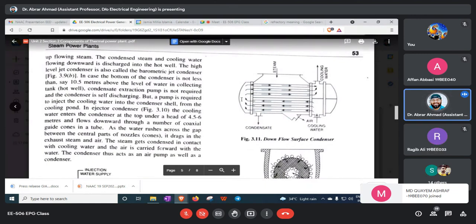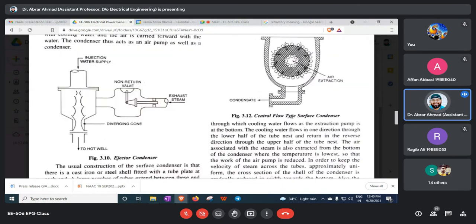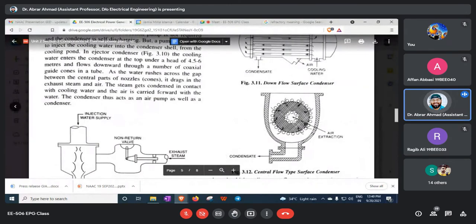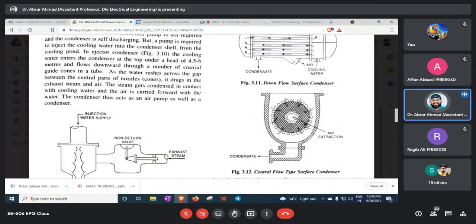So the water in no way interacts with the steam. It is only helping the steam to convert into water, because when we have cool water along with the steam, it condenses easily. That's the whole process in the downflow surface condenser. Then we have the central flow type surface condenser, where condensate, air is coming from up, air extraction is happening through these small holes, and then condensate is going outside.